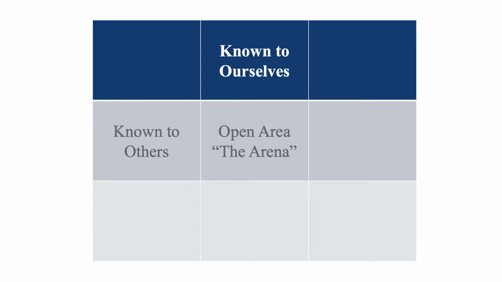So what I'm getting at is that the arena or the open area is really where the most productive communication tends to happen, because you know what your strengths and weaknesses are in a way that's well known to the team. You know this about other people in the team, and therefore you can adapt accordingly in terms of dividing labor and in terms of deciding how to proceed.